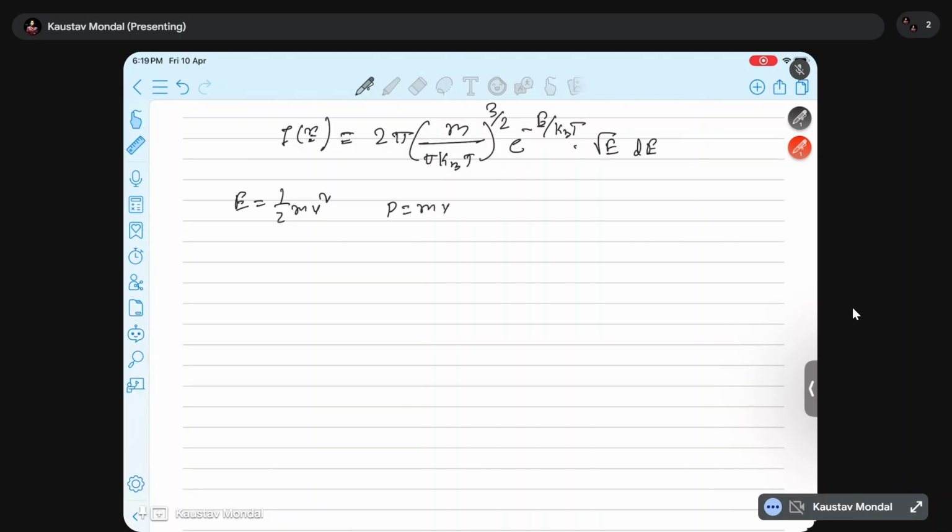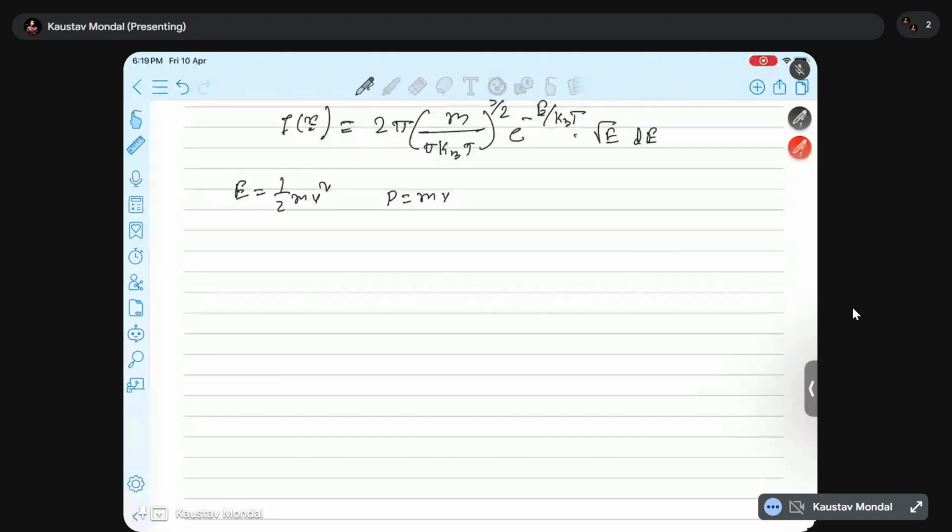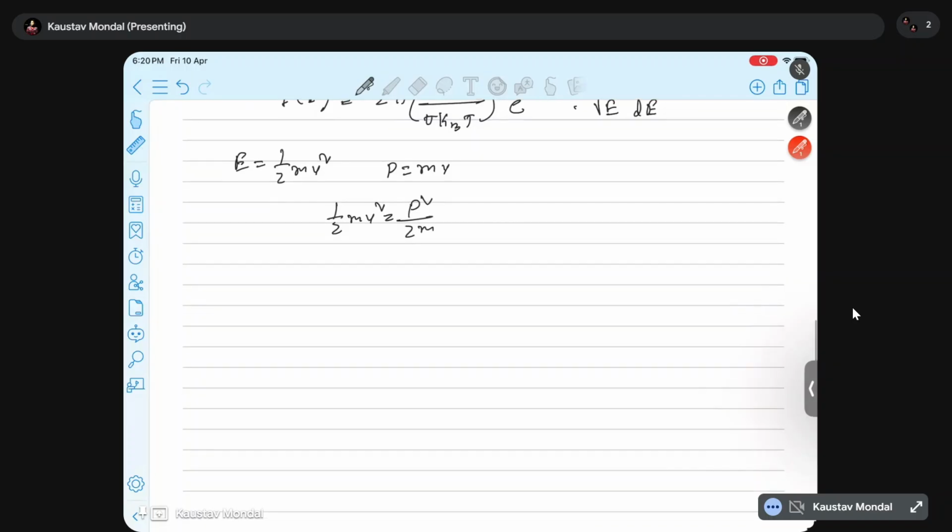So that means v would be p by m. Half mv square would be p square by 2m. So in that case, p square would be m square v square, right? Or p equal to mv.